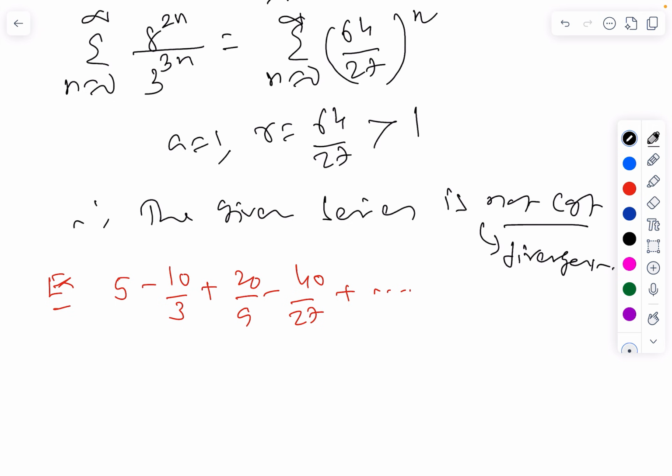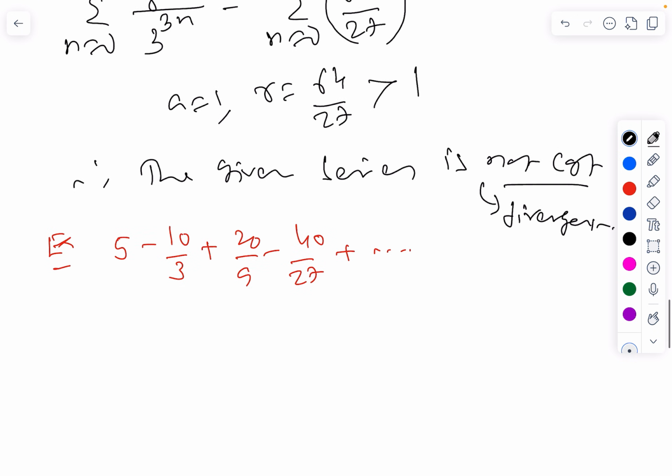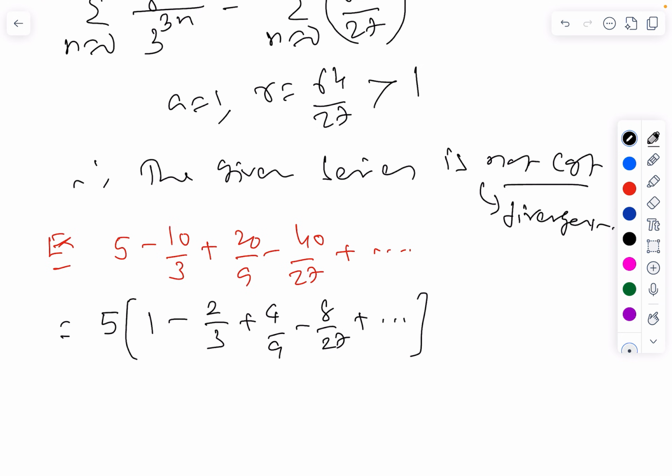So now, can we write this in a way like this? Let us take 5 outside, okay? So here we have 1, then minus 2 by 3 plus 4 by 9 minus 8 by 27 and so on.